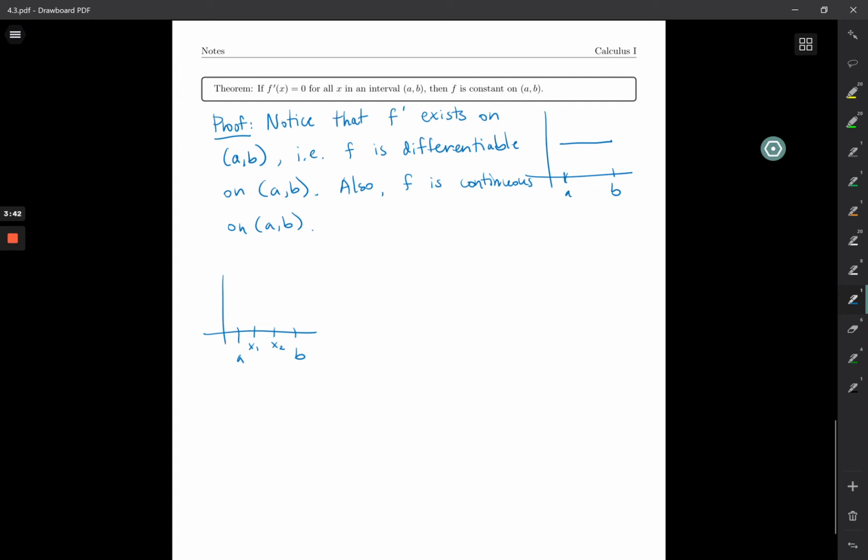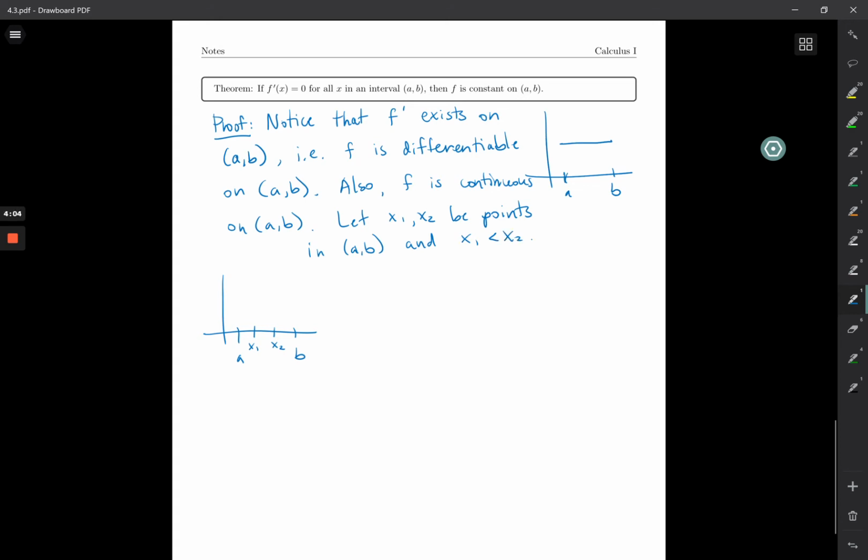So let x1 and x2 be points in the interval a to b, and we'll say that x1 is less than x2.